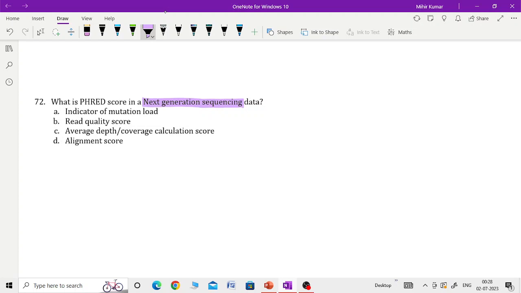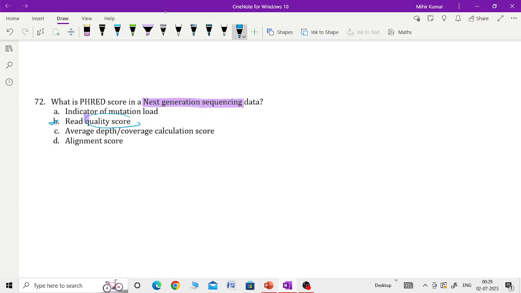The Phred score in next generation sequencing data is a quality score. The option, there is only one, option B, says that this score represents a read quality score in next generation sequencing.